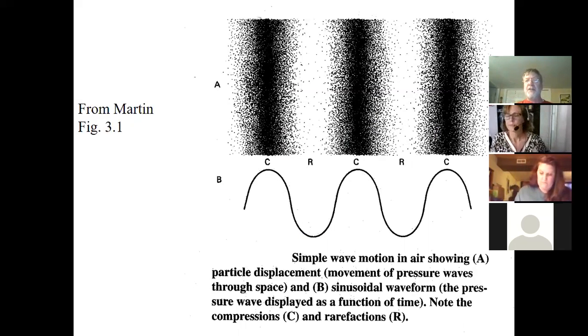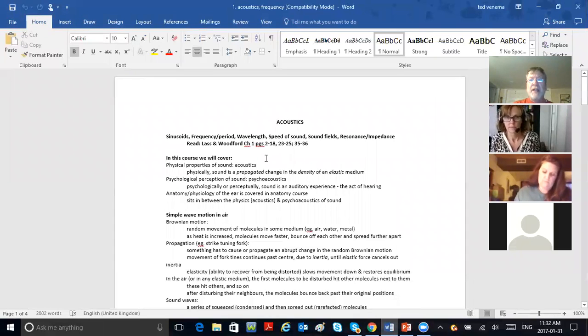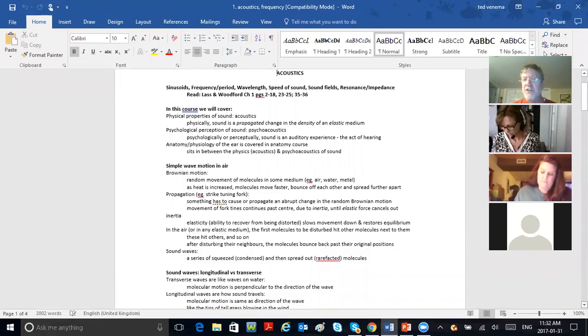So if we look at our notes here, I'll just escape and go right to my notes and see what we've got. I'm looking at the same notes you are, and the share screen stuff works pretty good. You all able to see that? And you see this word sinusoids at the top.